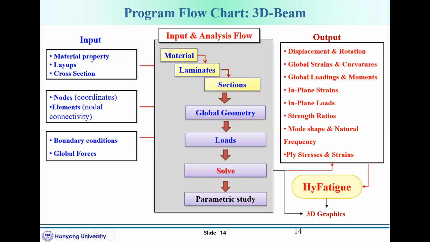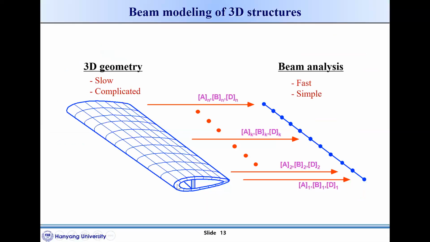The material property input and layup sequence are pretty much the same as the classical laminate theory. And in addition, we have extra information, cross sections. So the theory we have covered so far applies only one shape here, okay?